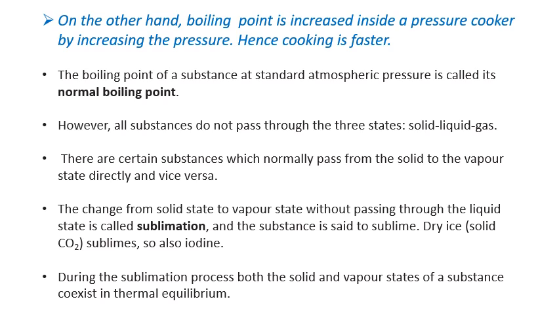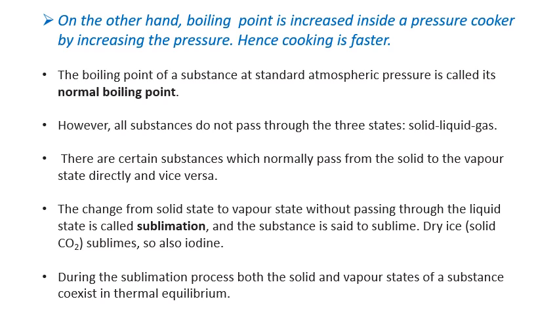However, all substances do not pass through the three states: solid, liquid, gas. There are certain substances which normally pass from solid to vapor state directly and vice versa. It is not necessary for every substance that the solid will be converted into liquid first.